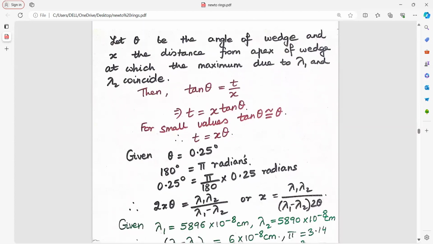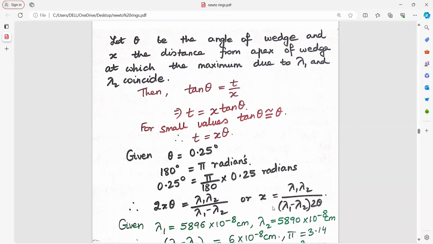Let theta be the angle of wedge and x the distance from the apex. So tan theta is t upon x, t is equal to x tan theta. For small values, tan theta can be approximated to theta and t is equal to x theta. Now, 180 degrees is pi radians, so 0.25 degrees is pi upon 180 into 2.25 radians.